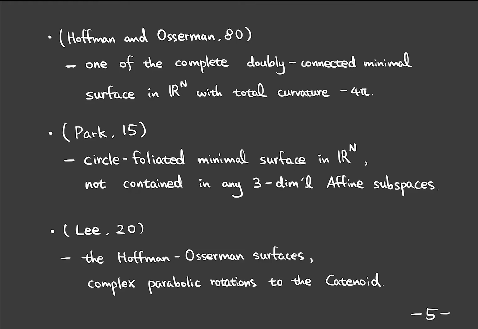And the Lagrangian catenoid is one of them. And Park proved that a circumfoliated minimal surface in Rn not contained in any three-dimensional affine subspace is the Lagrangian catenoid.